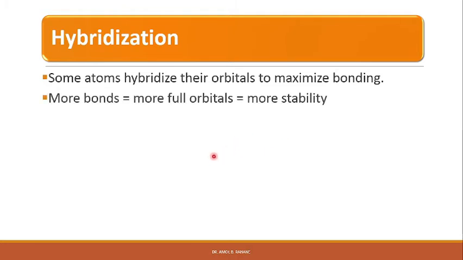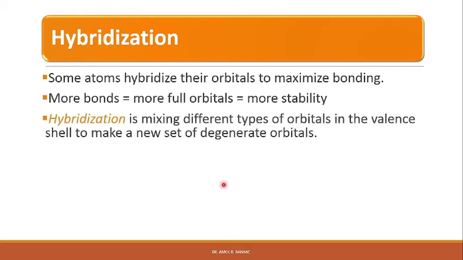The more the bonds, the more full orbitals and the more stability to the molecule. Hybridization is the mixing of different types of orbitals in the valence shell to make a new set of degenerate orbitals. There are different types of hybridization: sp, sp2, sp3, sp3d, sp3d2.